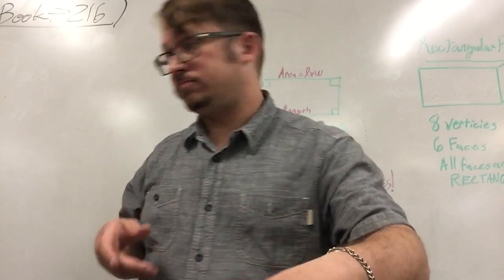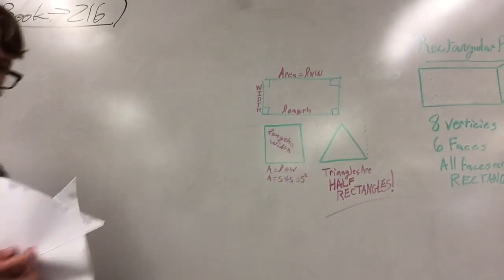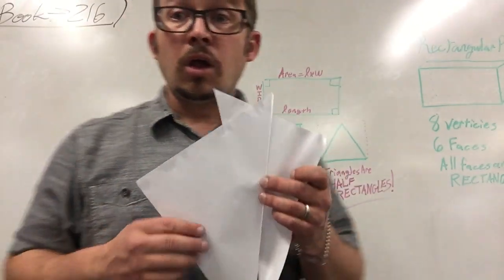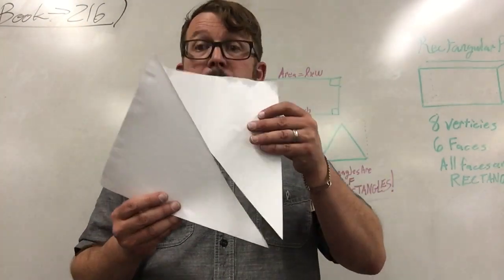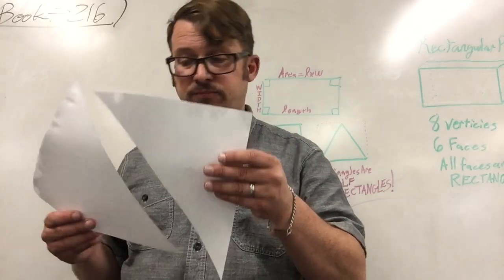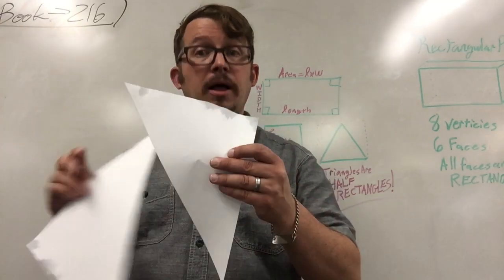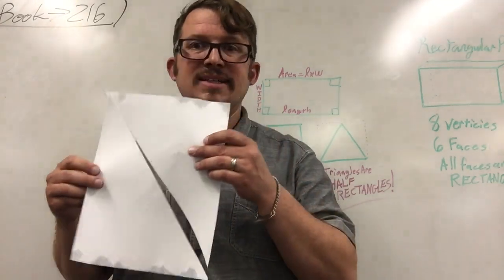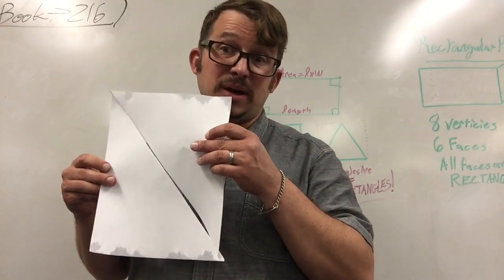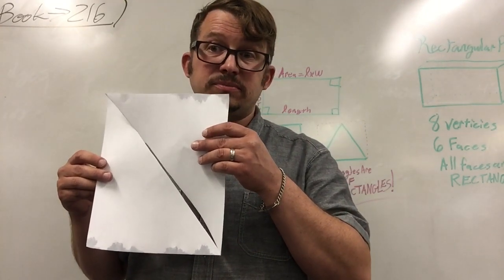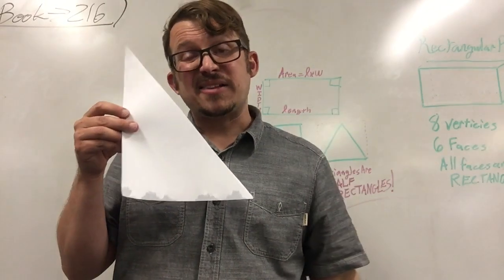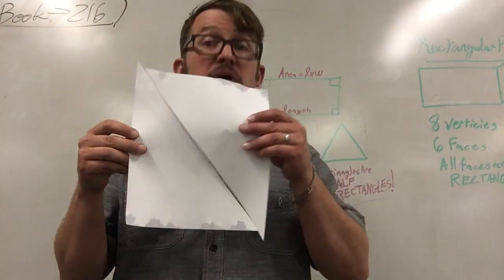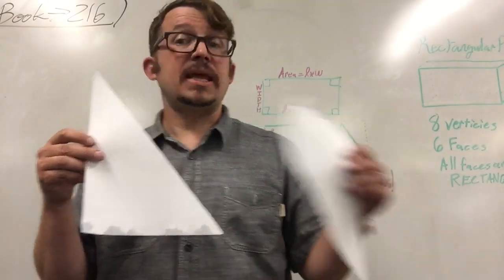Let's try another one. Alrighty, so we've got 2 equal bits. Makes a square, sort of, but it did make a rectangle. So, triangle is half a rectangle. Right triangle is easy. It's half a rectangle.